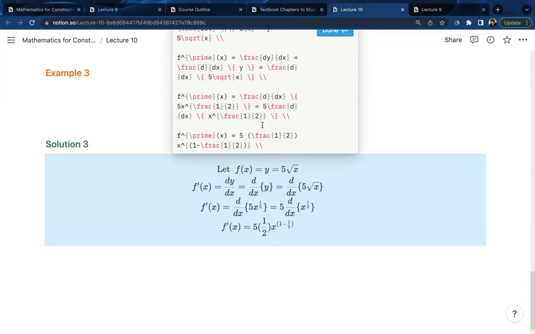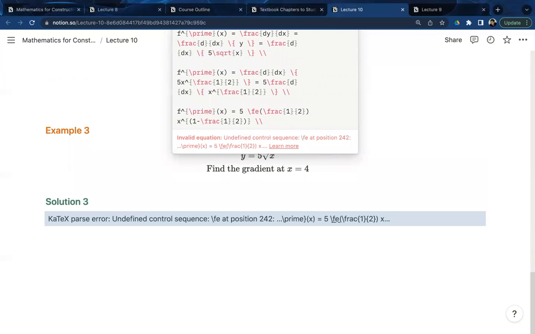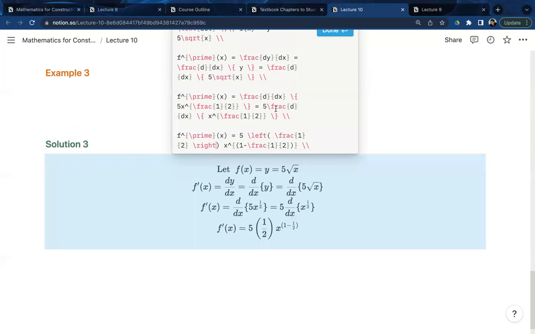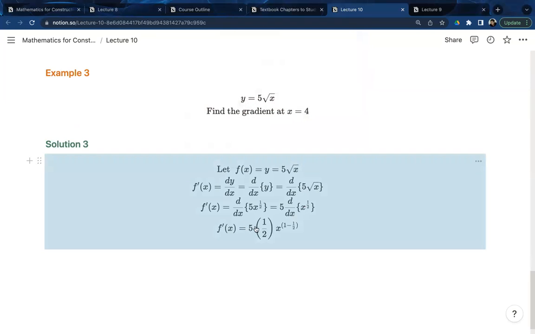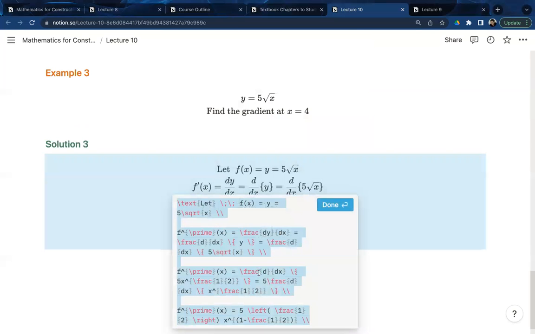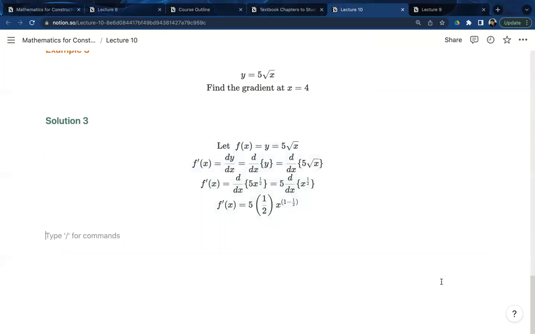So 5 times a half times x to the power 1 minus half. Take your time and do this.